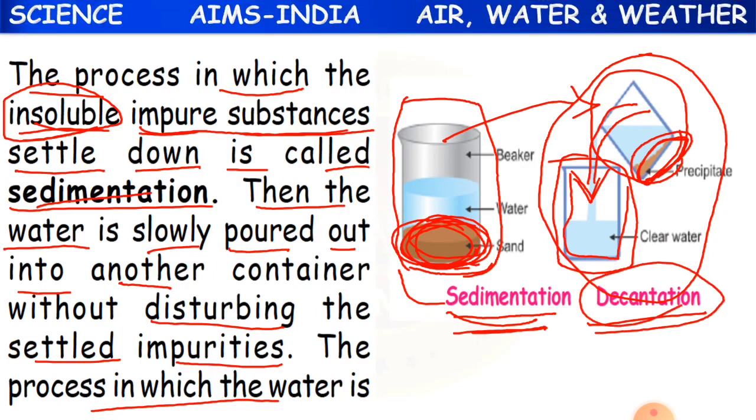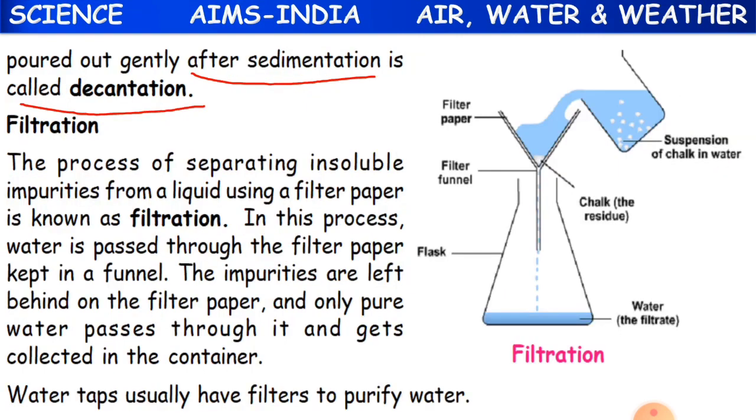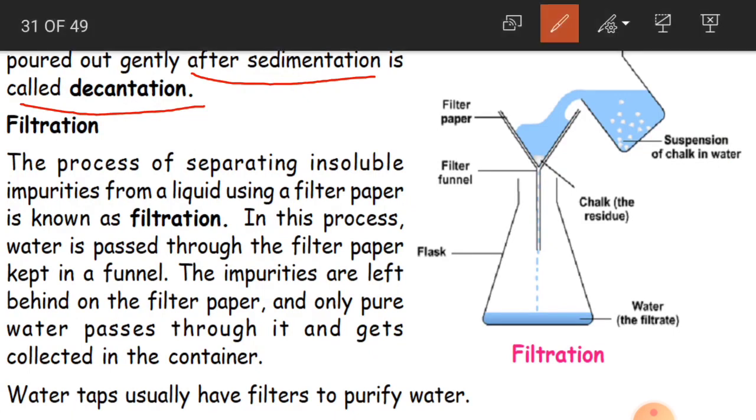Clear, children? And you know about boiling water. Now let us see about filtration. This is filtration. What are these, children? These are all the methods by which we are going to purify the water.